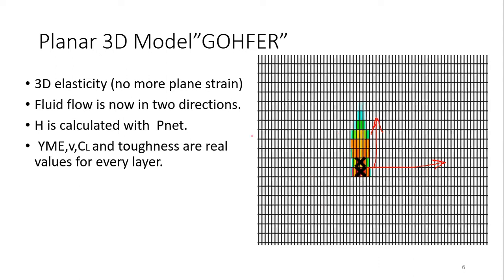In all the simulation during the fracture propagation, the height of the hydraulic fracture is calculated using the net pressure concept with stress difference, the Simonson et al. approach. So the planar 3D model adds more advanced options.